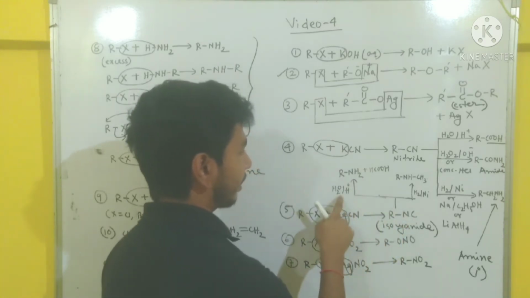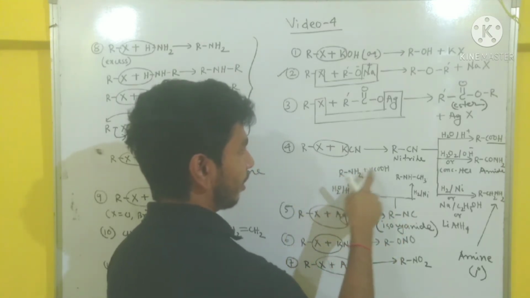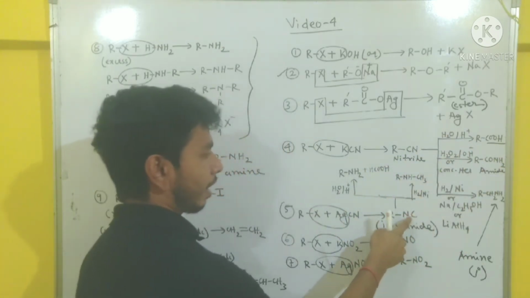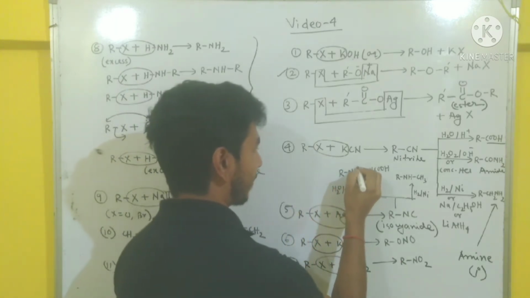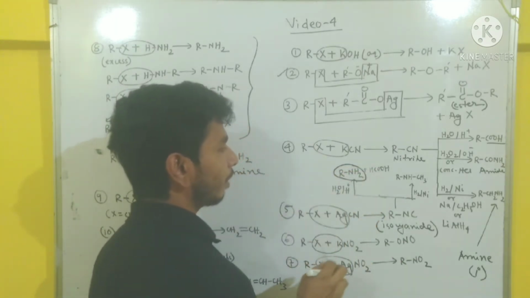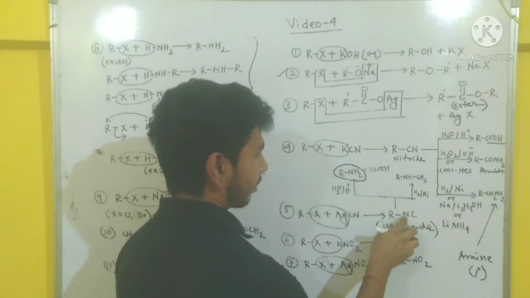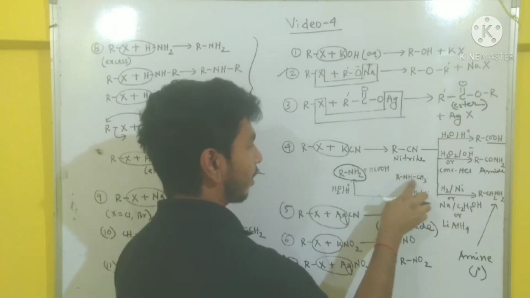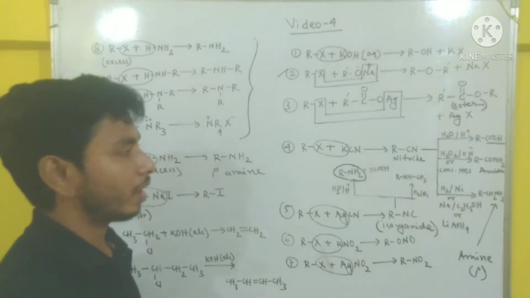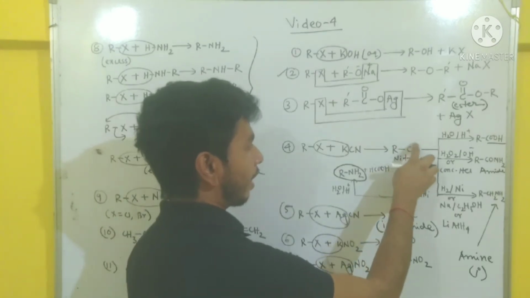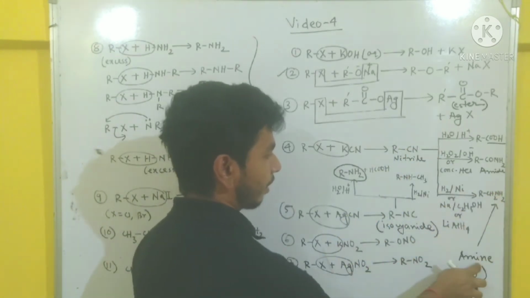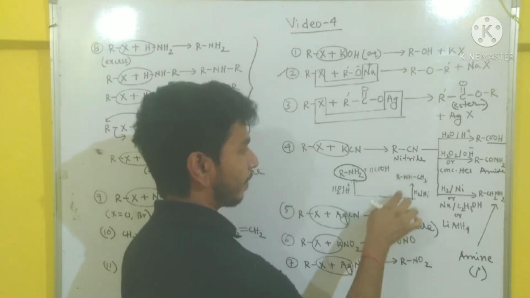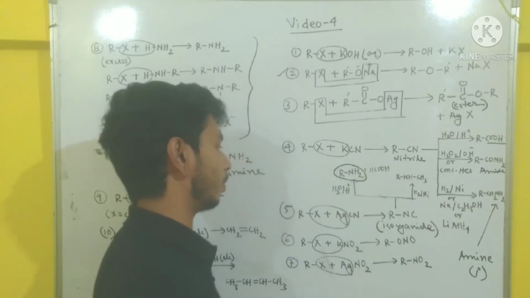CN on hydrolysis gives carboxylic acid, but isocyanide on hydrolysis gives the amine RNH2. On reduction, isocyanide gives 2 degree amine, because nitrogen is bonded with 2 alkyl groups, whereas cyanide upon reduction gives the 1 degree amine.